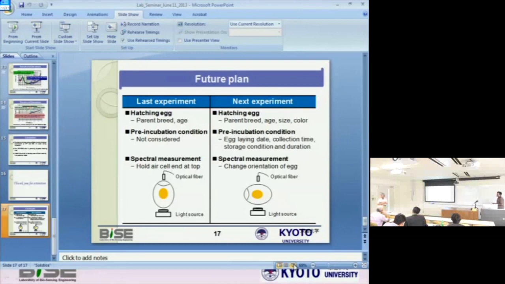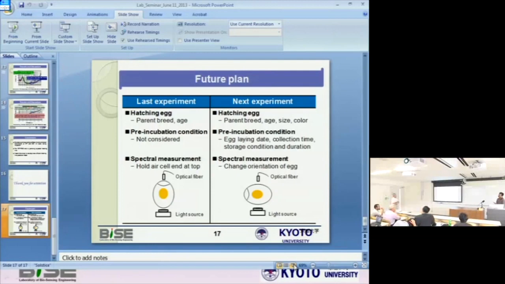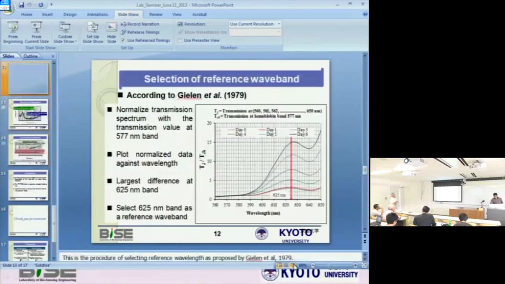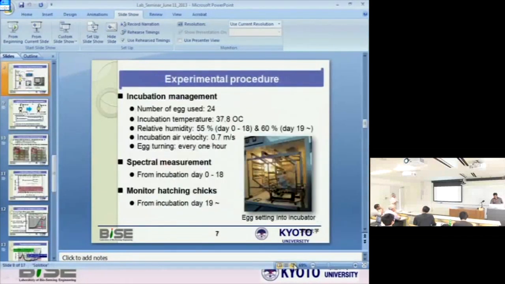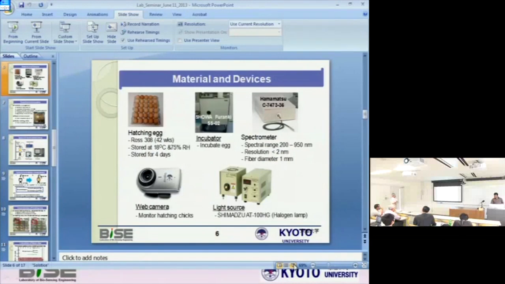It's okay? What kind of lens? You use a halogen lamp? Halogen lamp. Halogen in short wavelength, only from 200 to... What's the color temperature?